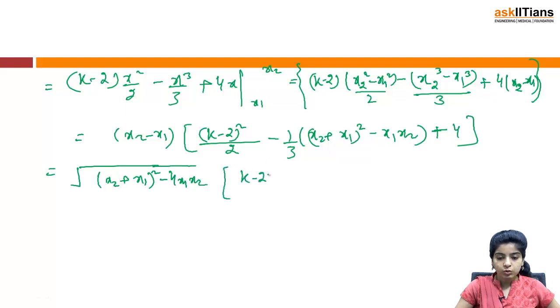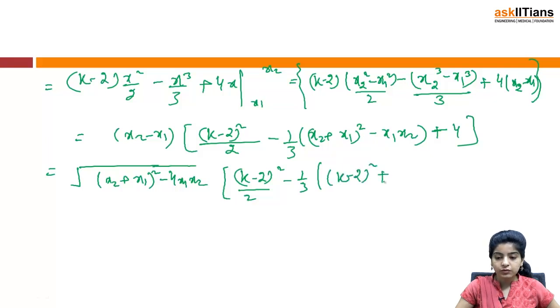This will be equal to under root of (x2 plus x1) whole square minus 4 x1 x2, since x2 minus x1 can be written that way, that is under root of (k minus 2) square plus 16, and inside we have (k minus 2) square by 2 minus 1 by 3 times ((k minus 2) square plus 4) plus 4, since x2 plus x1 is again k minus 2.